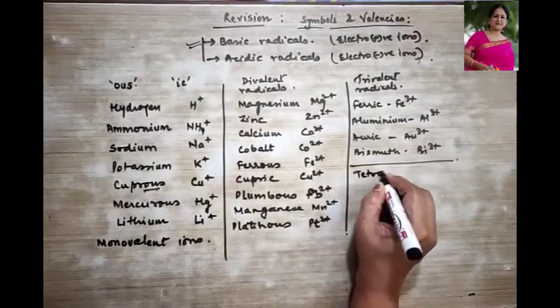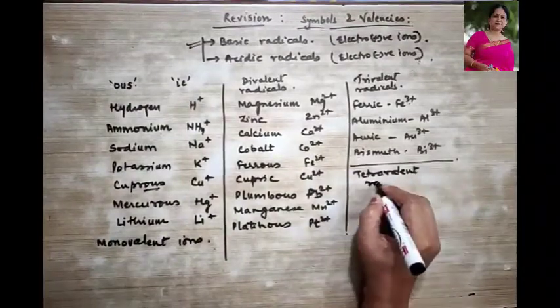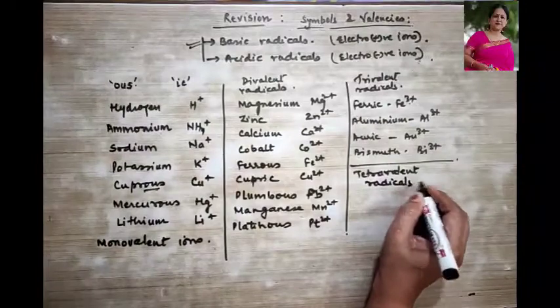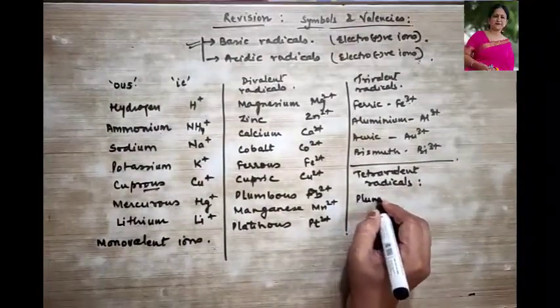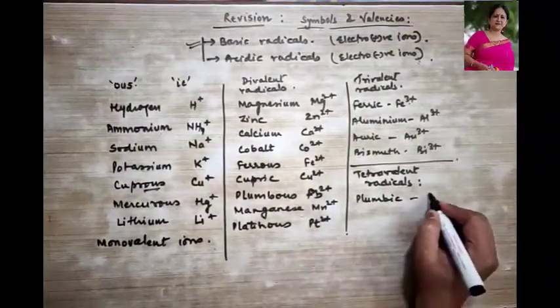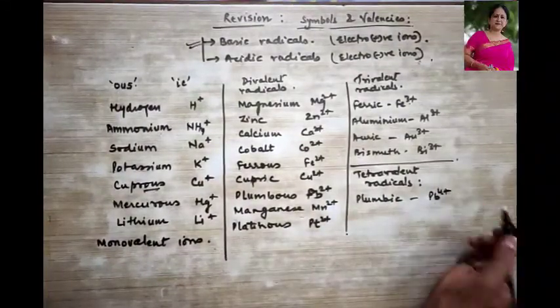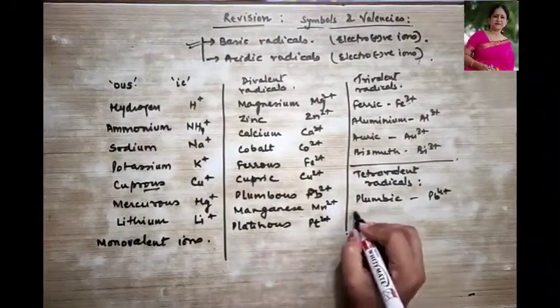Then let us talk about tetravalent radicals. Names of tetravalent radicals are like plumbic. Plumbous is 2 plus. Plumbic is Pb4 plus. Then you have platinous was here.